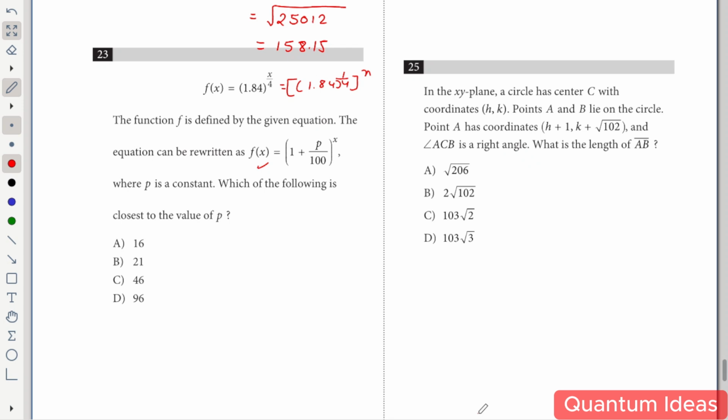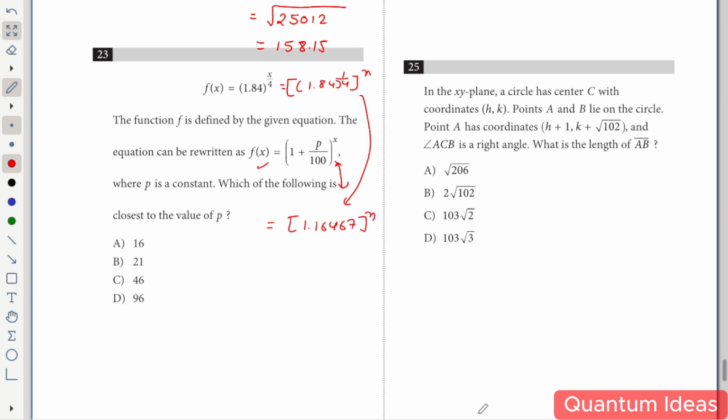And further, let's find the fourth root. Let's use the calculator, this will be around 1.16467 to the power x. Now you can see these two are looking alike, so now you can equate the quantity inside the bracket.